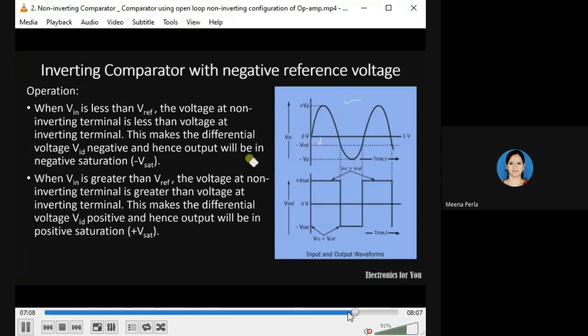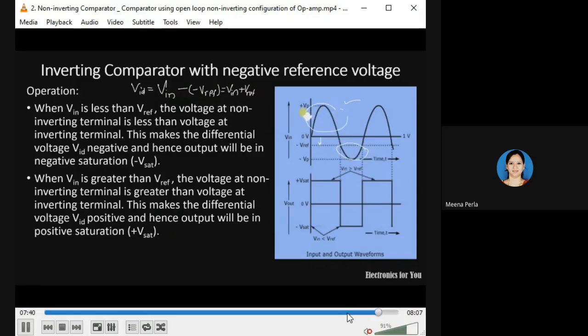So please write down this operation. You can see here your VID can be written as Vin minus of minus V reference, because V reference is a negative voltage. Therefore your equation will become Vin plus V reference.